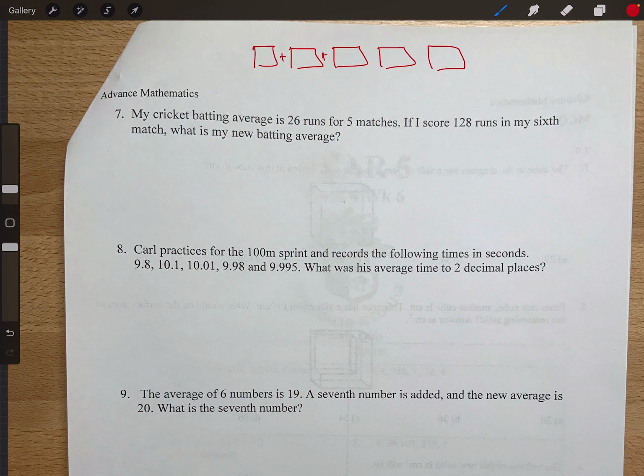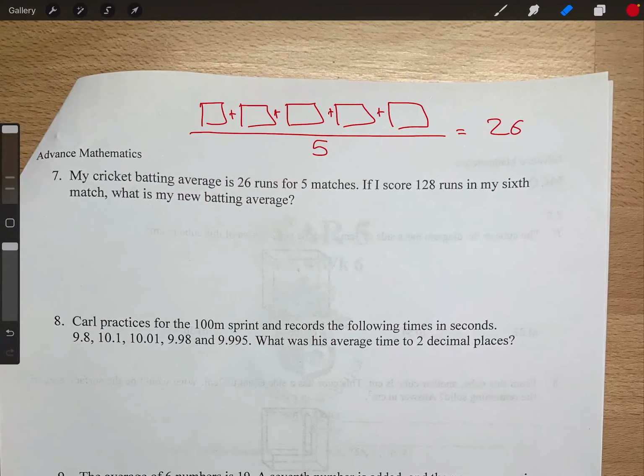And to find the average of 5 matches, we add them up and divide it by 5 and we get 26. It says the average is 26 for 5 matches. So because we can construct this kind of equation, we can work out what the total is for all of these 5 matches.